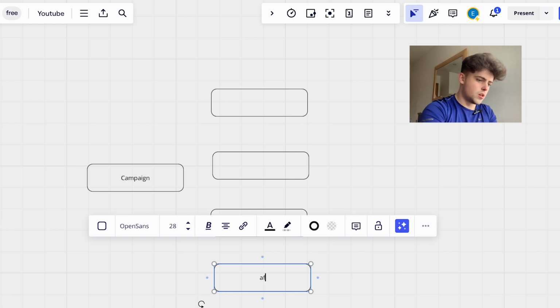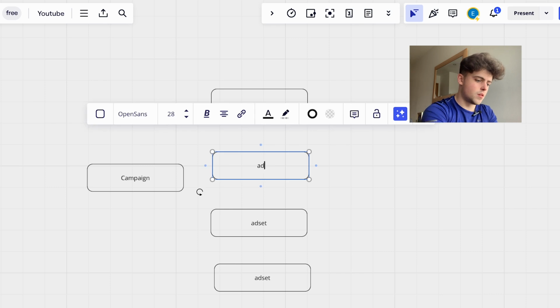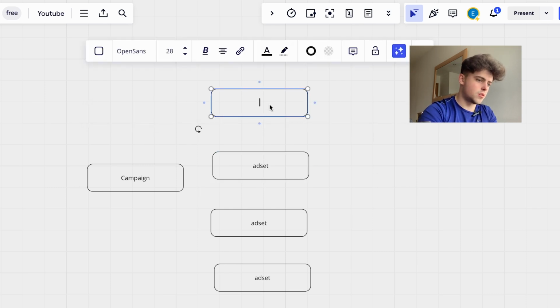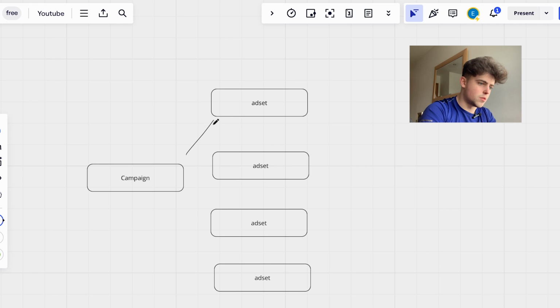So, ad set, ad set, ad set, ad set. I'll just draw this by hand because it'll take me ages. So yeah, one campaign, 4 different ad sets, and within each ad set, you can have multiple ads.